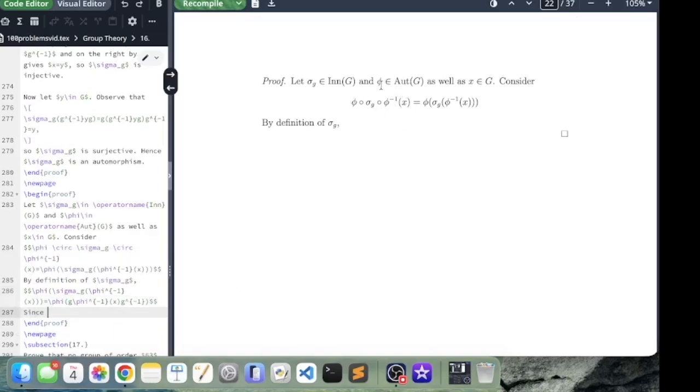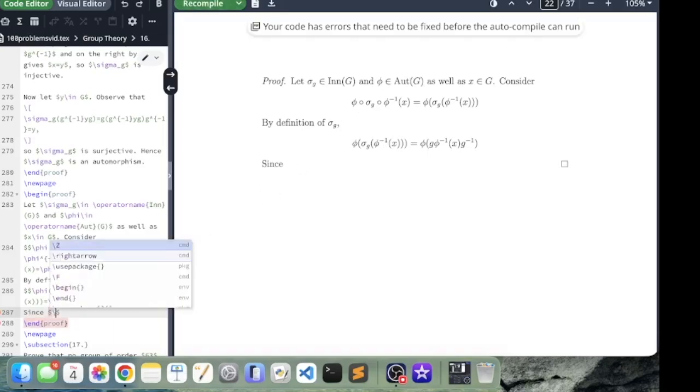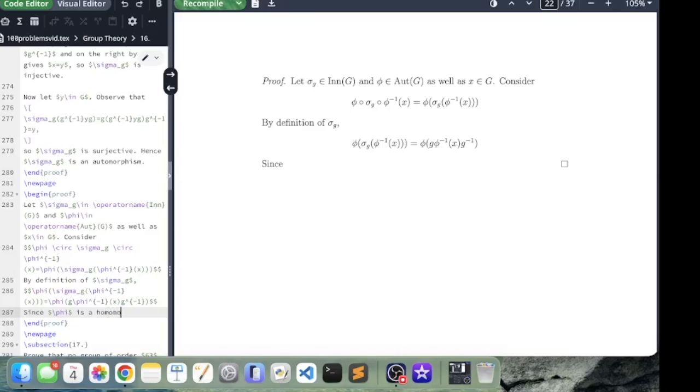Okay, we have that phi is coming from the automorphisms of G, hence it's a homomorphism. Since phi is a homomorphism, we can separate this g, this phi inverse of x, and this g inverse.